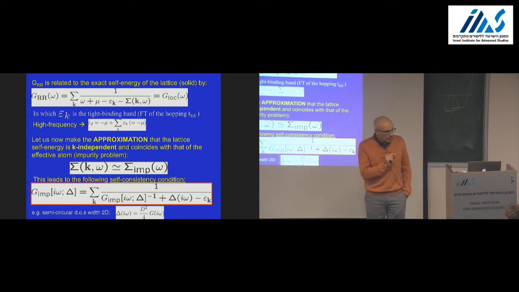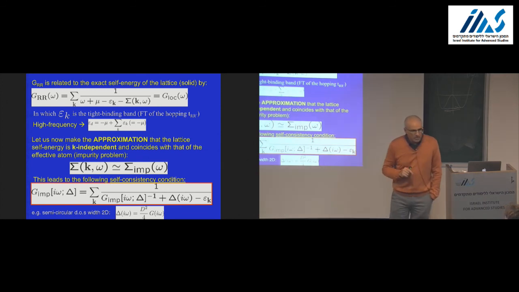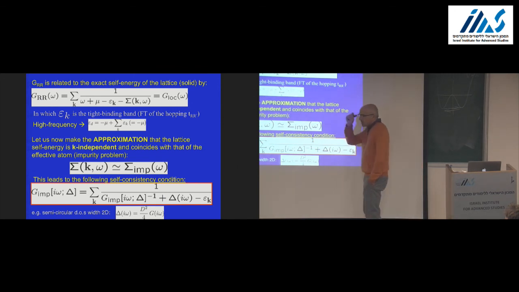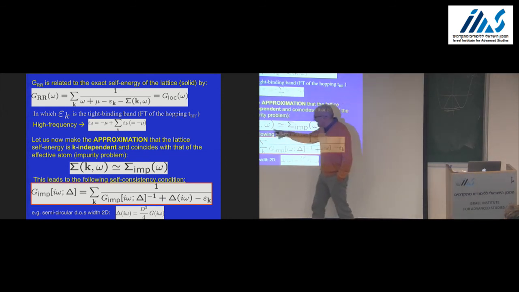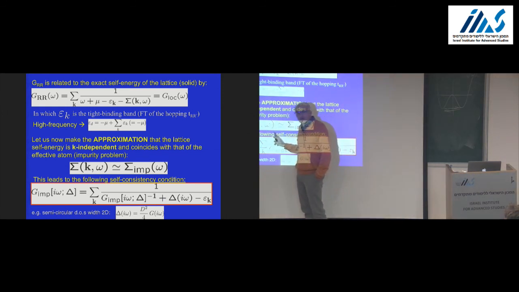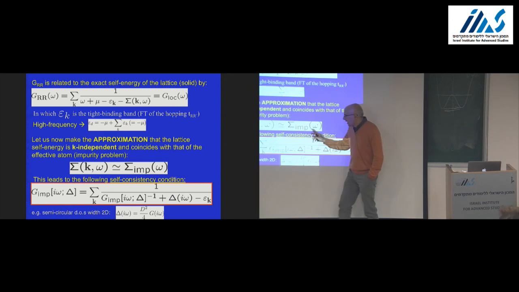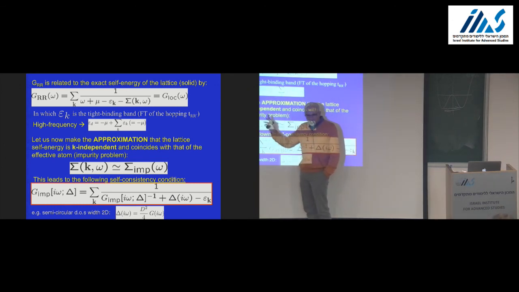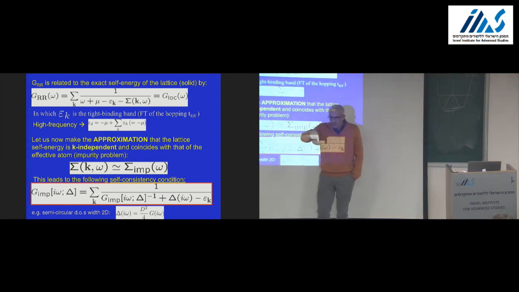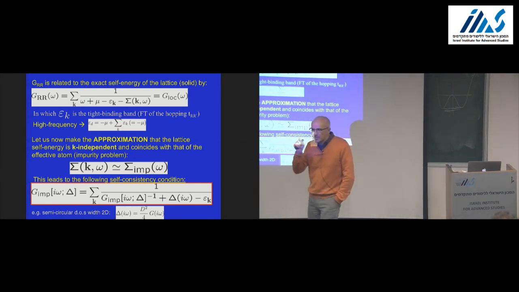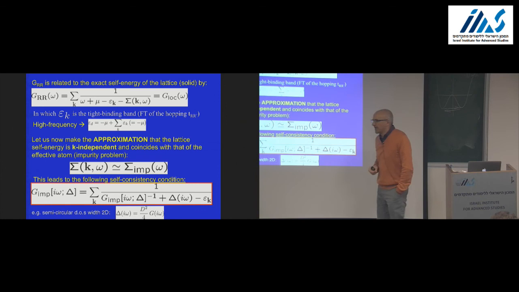We are going to make one key approximation. We are going to declare that the self-energy of my lattice problem, which is of course a function of k and omega, is going to be approximated by a function of omega only, which coincides with that of my Anderson impurity problem. That will be the only approximation I'm going to make.